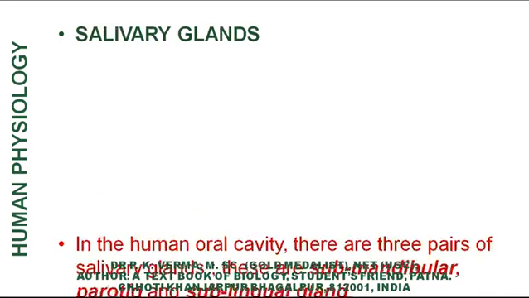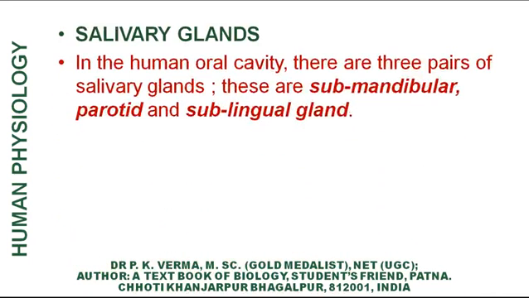At first, we must discuss the salivary glands. In the human oral cavity, also known as the buccal cavity, there are three pairs of salivary glands. These are the submandibular, parotid, and sublingual glands.